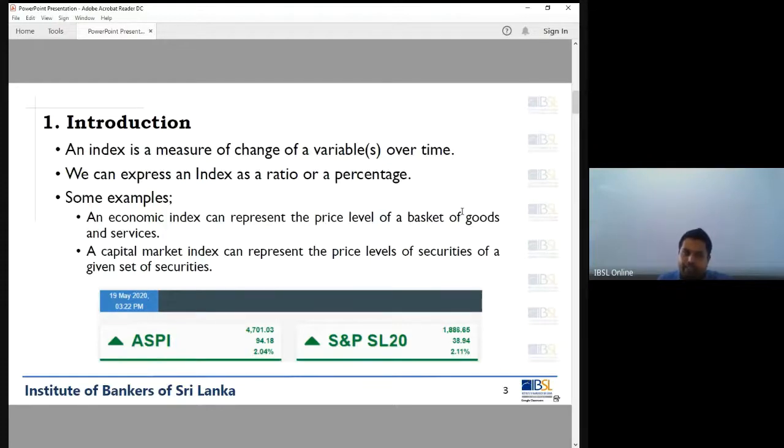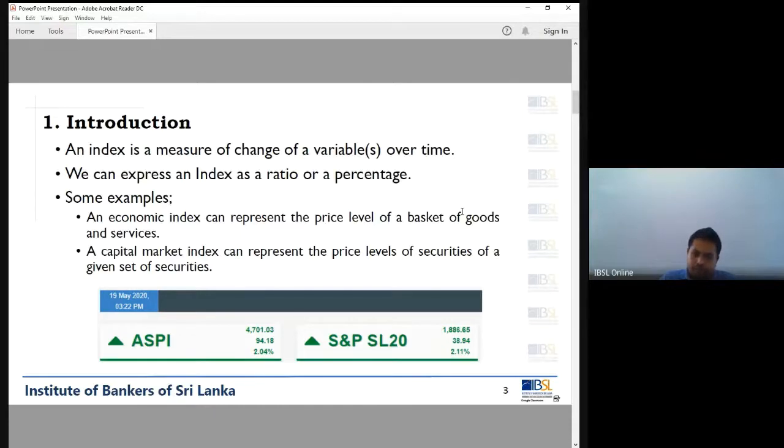It's not a hard definition. We just have to understand that it is going to measure the change of a particular variable over time. So you don't necessarily have to put multiple items in a basket. Rather, your basket may even consider one value. So that's perfectly fine. So we can express an index as a ratio or a percentage.